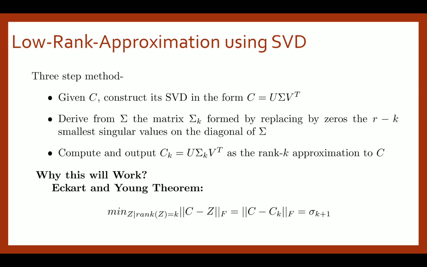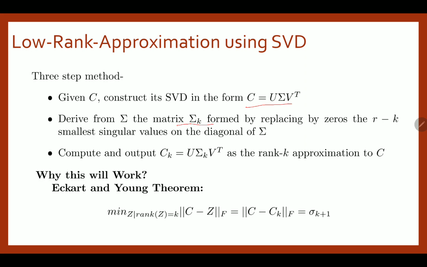Now how can we obtain a low rank approximation using singular value decomposition? Given a matrix C, we construct its SVD in the form U sigma V transpose. From sigma we derive the matrix sigma K. How do we do that?